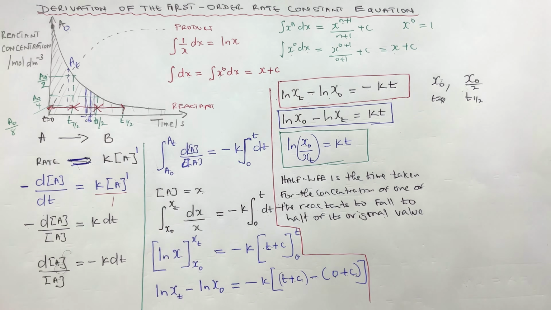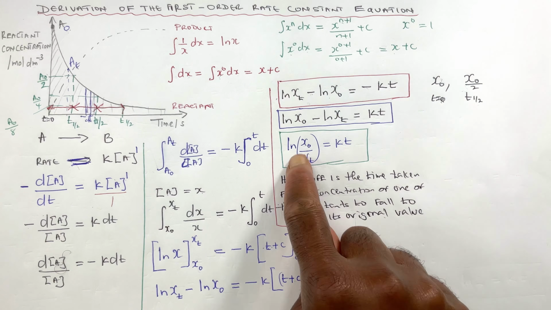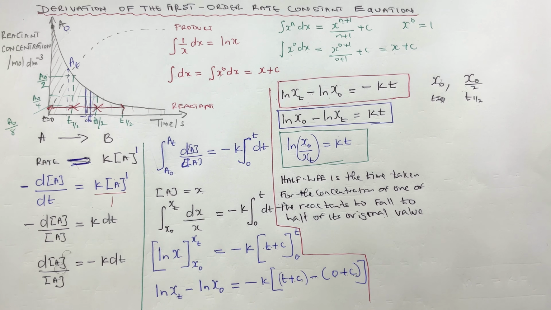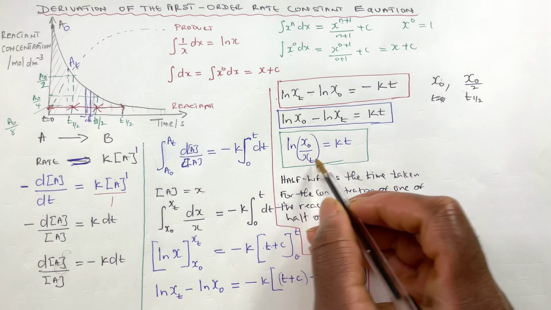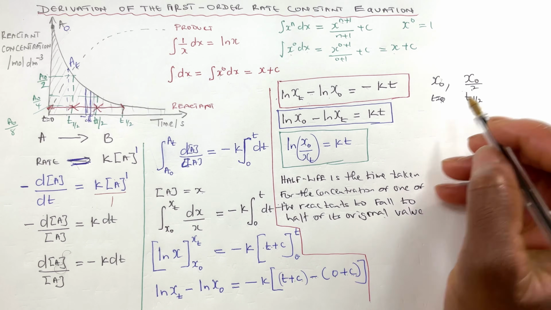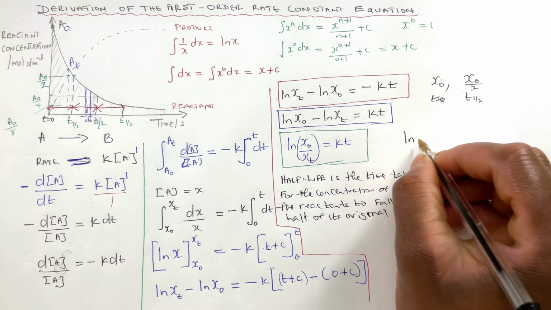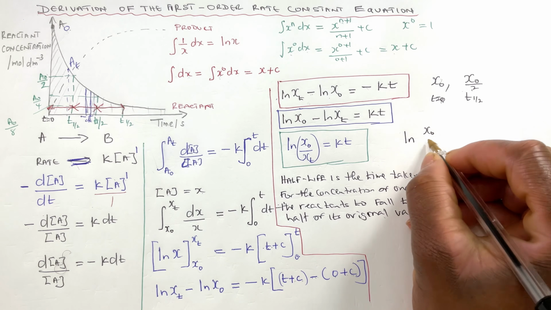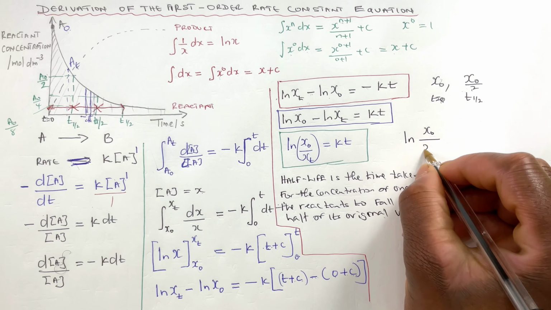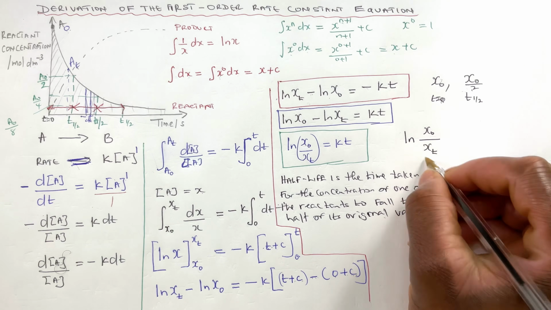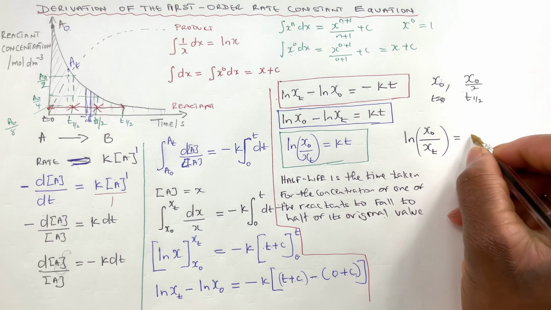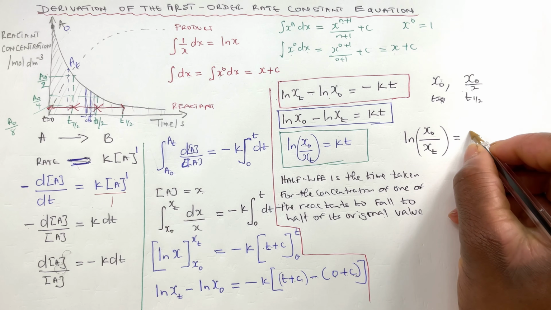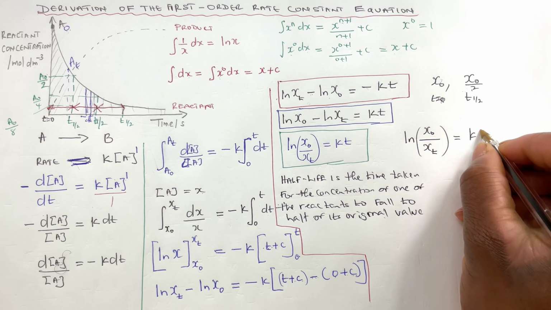So now what we need to do is use that by replacing the xt by x naught over 2. So we have ln x naught over x at the time t, and we know that equals kt.